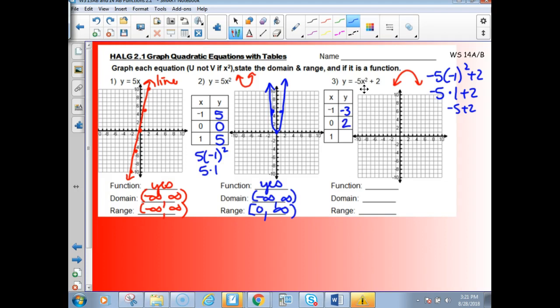And if we put in 1, we're going to get -5 plus 2, which is -3 again. Notice that parabolas have symmetry, meaning they have 2 points that kind of match on either side. So -1, -3, plot that, 0, 2, and then 1, -3, and that made it go down.